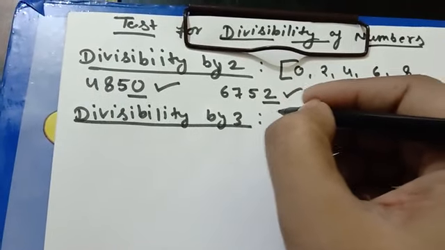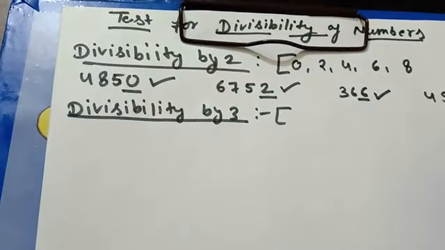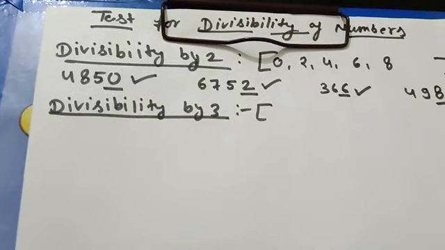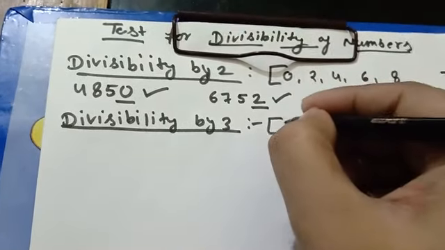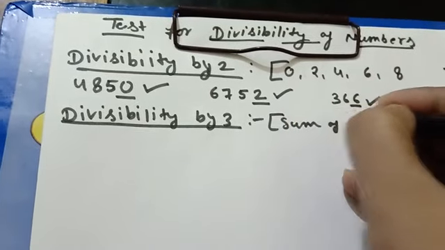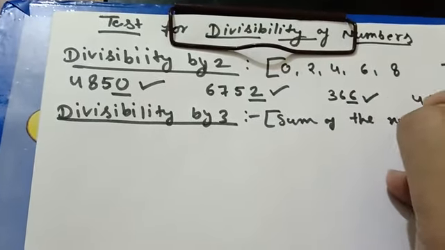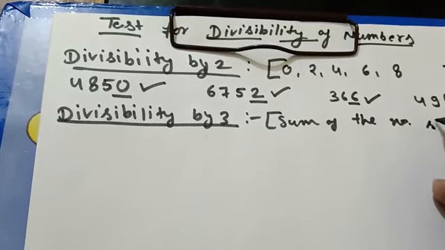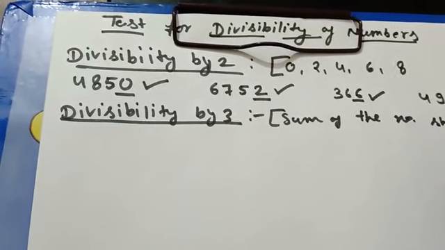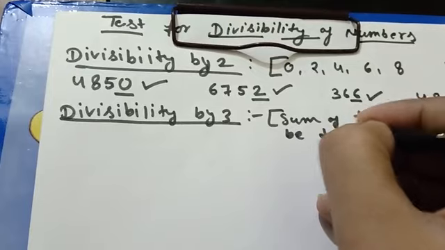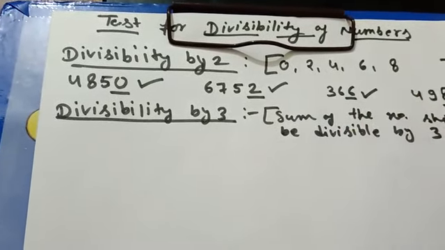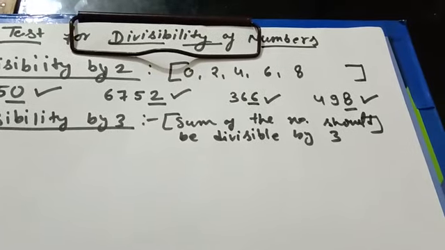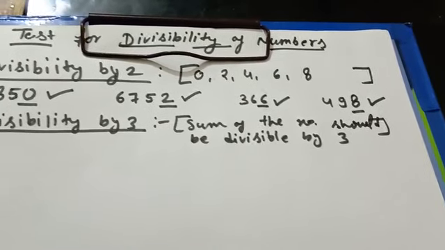In this, the sum of the digits of the number should be divisible by 3. This is the rule.